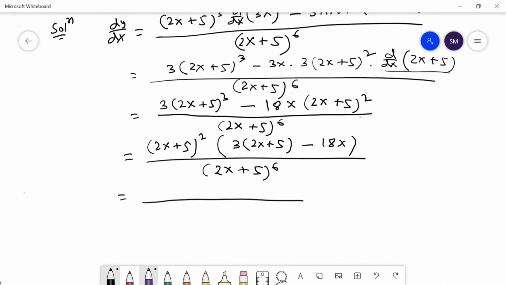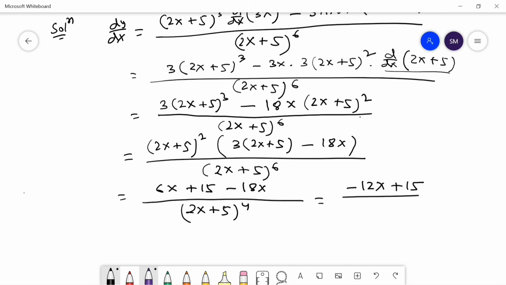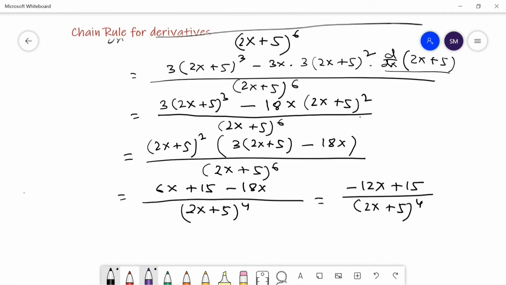So we'll get in the numerator 6x plus 15 minus 18x, and it is 2x plus 5 to the power 4. So this is equal to minus 12x plus 15 over 2x plus 5 to the power 4.